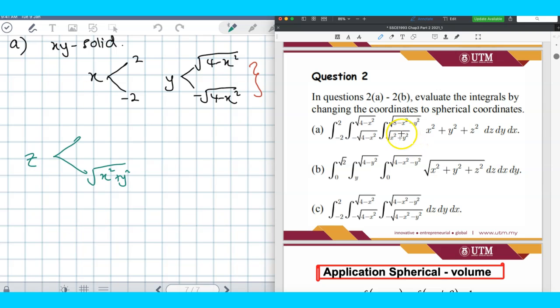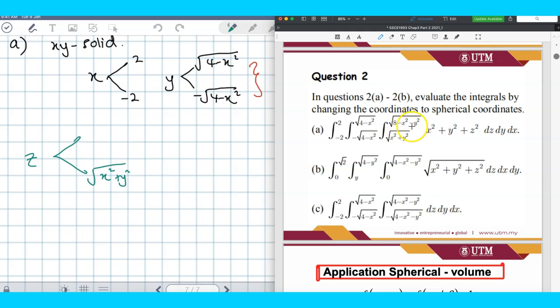That's what I told you before: you have to be familiar with the surfaces that you learned in chapter 1, so that you can imagine the surfaces lying in the triple integral limit. That way you can determine the surface directly, without thinking so much and taking so much time to solve.